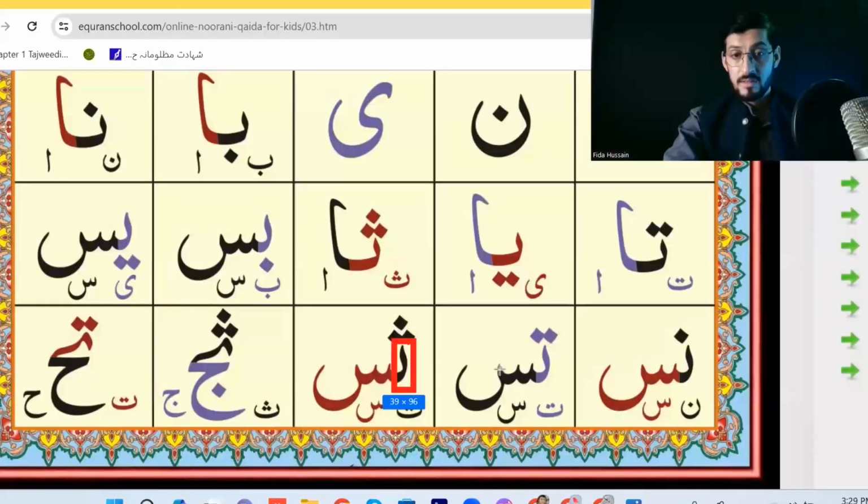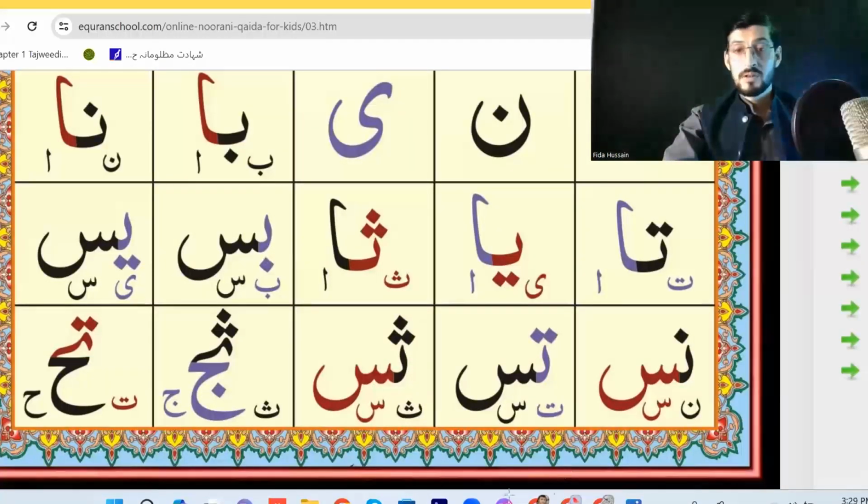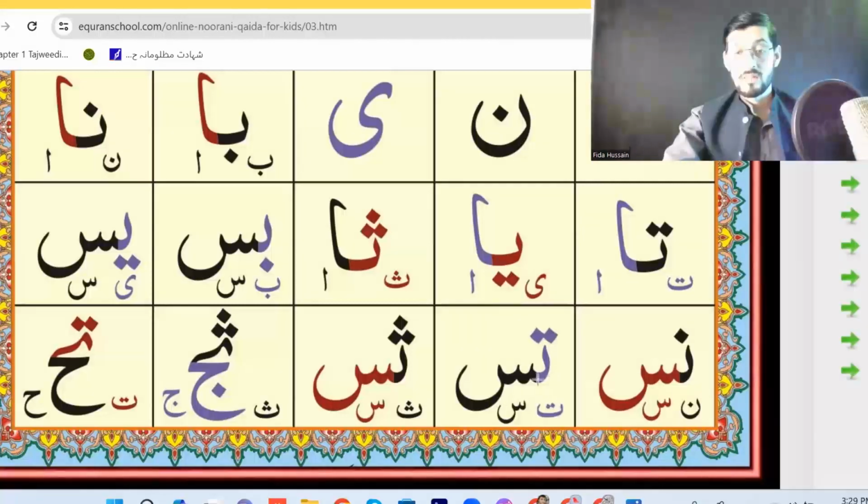Otherwise they are the same. Only the position of the dots and how many dots there are. This is very important. They are the same, but the dots say they are different. This one noon sin, this one ta sin, this one tha sin, this one tha jim.